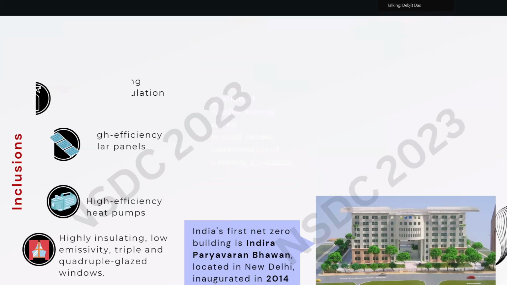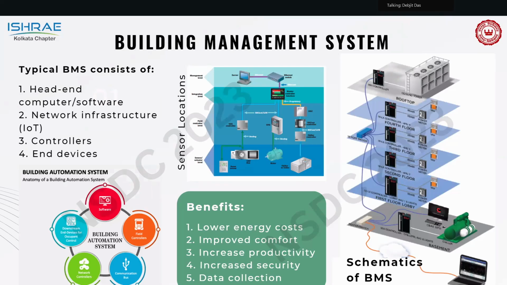So as Shayok already mentioned about the indoor air quality features, I think you may or may not be noticing that the indoor air quality features are controlled by this building management system. So this is basically, for example, if you have ridden the metro rail sometime, I think you definitely have.